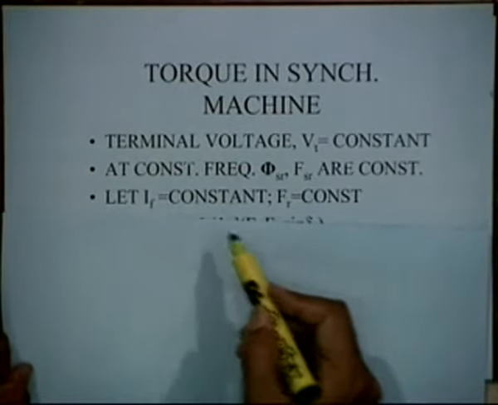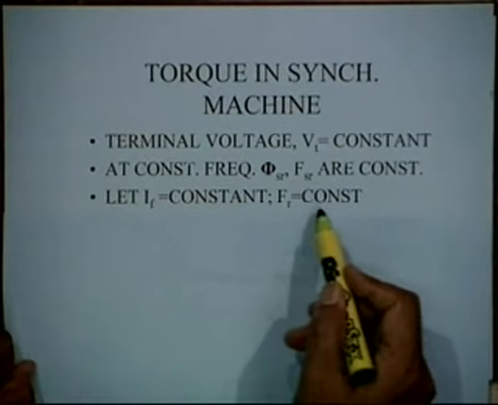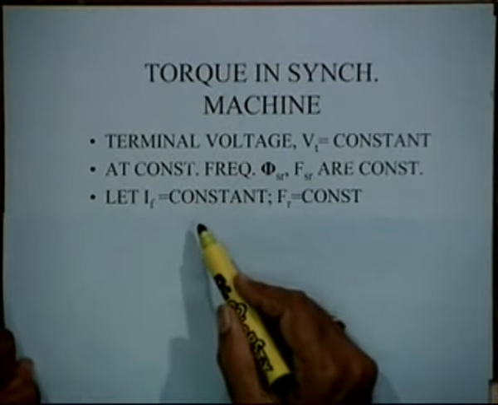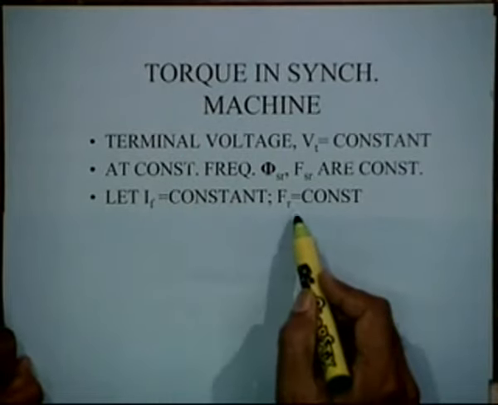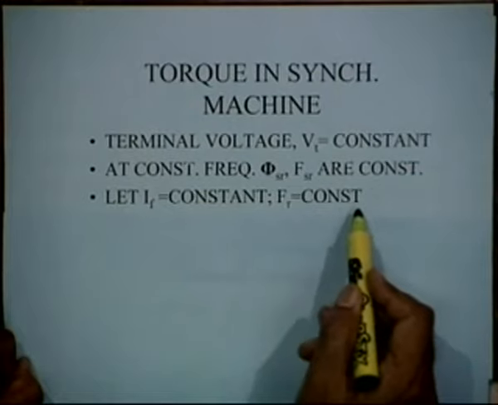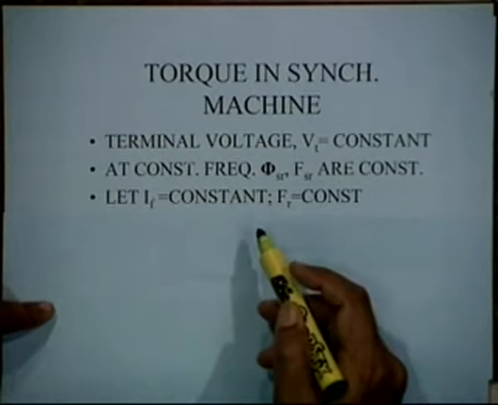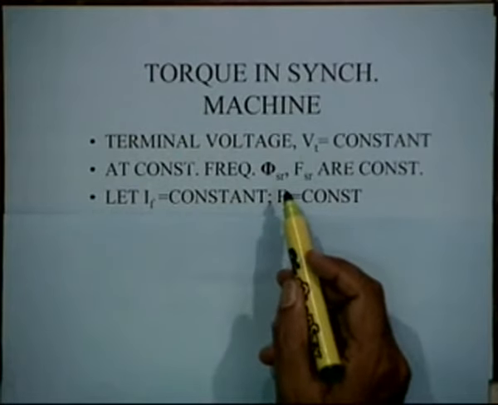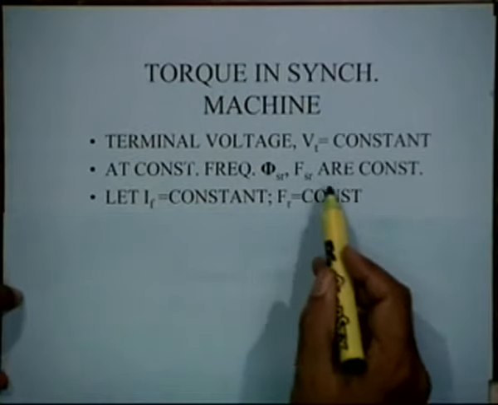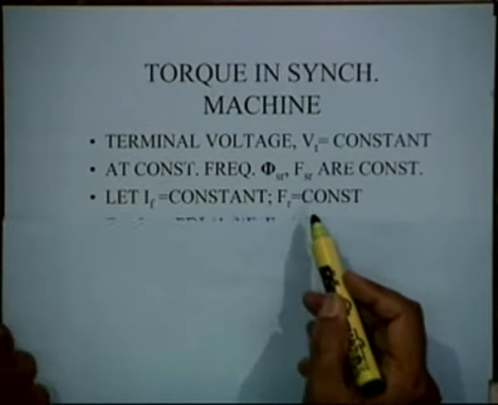Now let If be the field current, which is fixed or constant. That means Fr, the rotor MMF, is constant. So we go by this logic that the resultant flux is constant and the rotor MMF is constant, so the resultant MMF is constant.